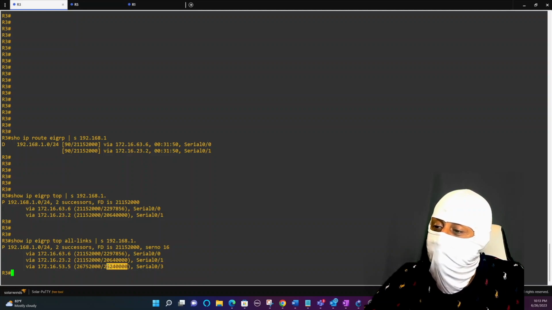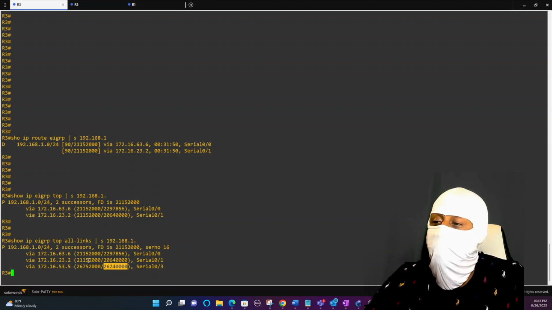So I said this number has to be less than that. As you can see, we're at 26,240,000. 21 million is less than this, so that can't be a feasible successor. That's why it's installed into this part of the topology table, because it's a path that's still there.